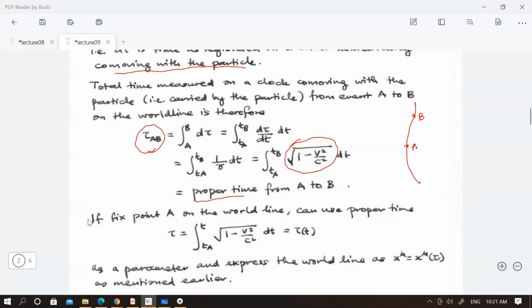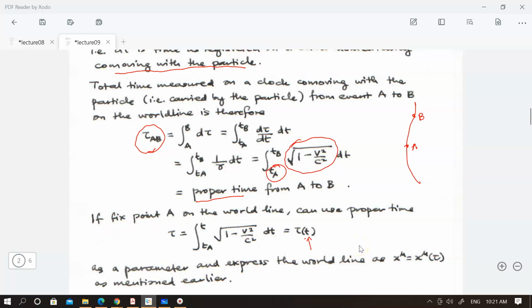So here, what one can actually try to do is start thinking of your tau. If I fix this part and make this thing a variable, then I can think of this tau as a function of the coordinate time t, when tb is replaced by t.